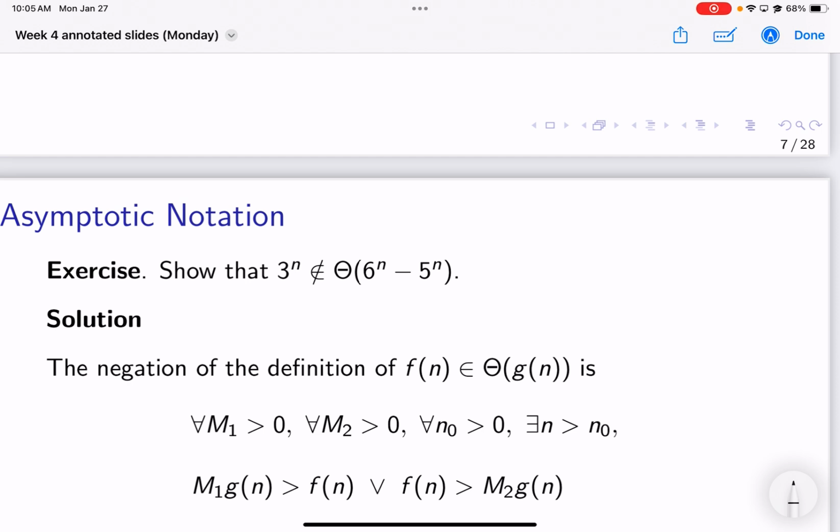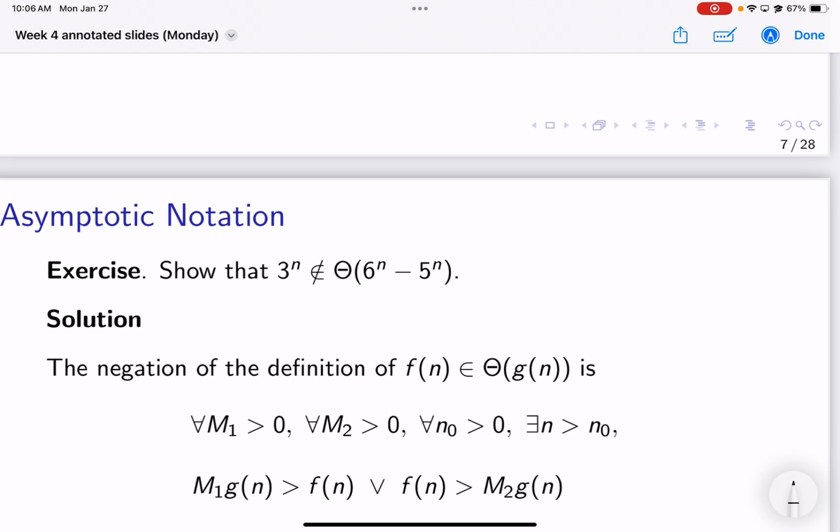In this case, it might be tempting to see 6 minus 5, that equals 1, that's less than 3, so 3 must be greater. Please don't do that. The asymptotic growth of a function, that is where it sits on the hierarchy, depends entirely on what the largest term of the function is. So 6 to the n is huge. 5 to the n is also quite huge.